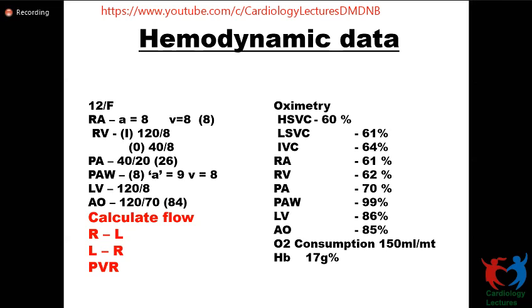What are the RV, LV, and aortic systolic pressures? RV inflow, LV, and aorta. Here, the systolic pressures of RV inflow, LV, and aorta are equal. So what is the condition in which we can get these pressures equal? Yes, so here, do you think that everything is consistent with pathology of Fallot?